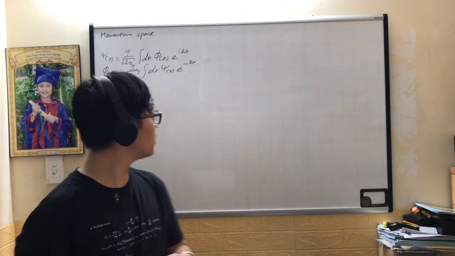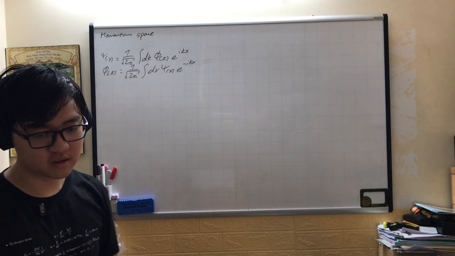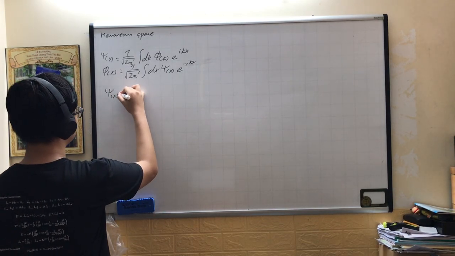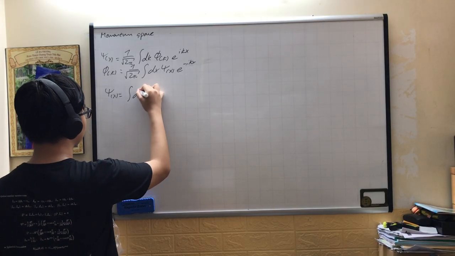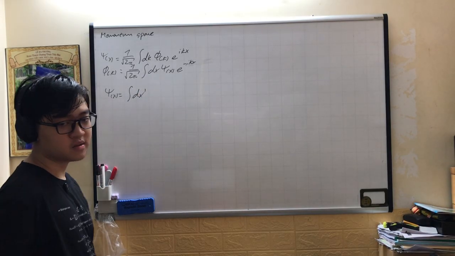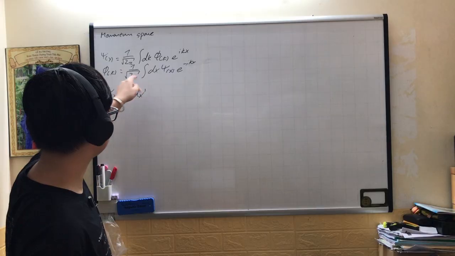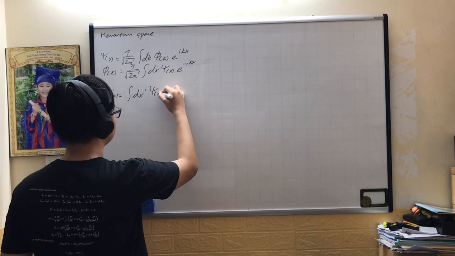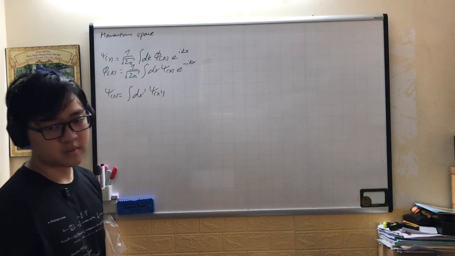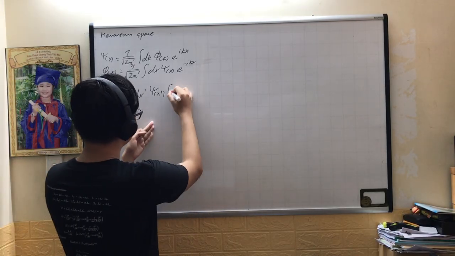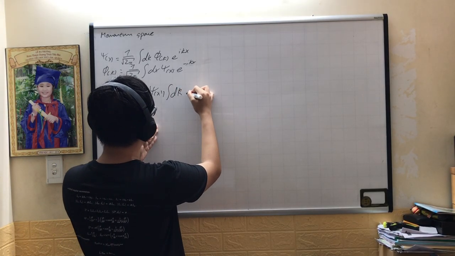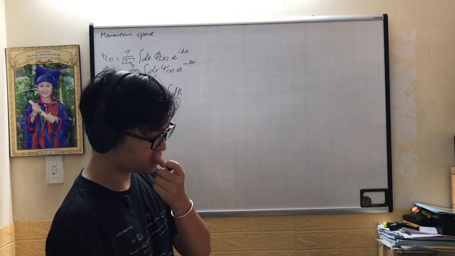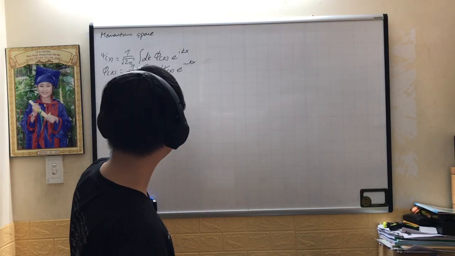So we can put this back and get psi of x as an integral over dx prime, so a different x, because we do this and we put it back here, psi of x prime, and another dk of your function. Now k is gone.